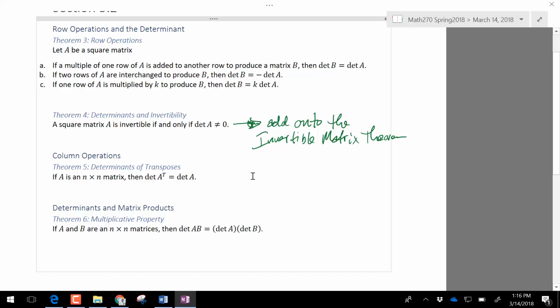Yes? Because there's a process called finding eigenvalues, and eigenvectors will be important for us. And we haven't talked about that.